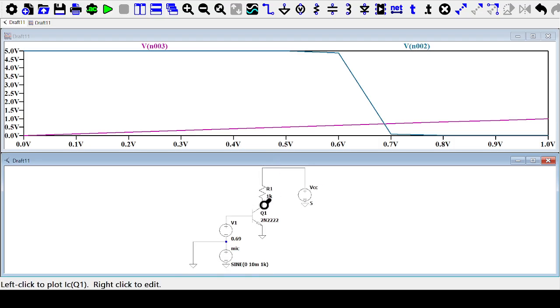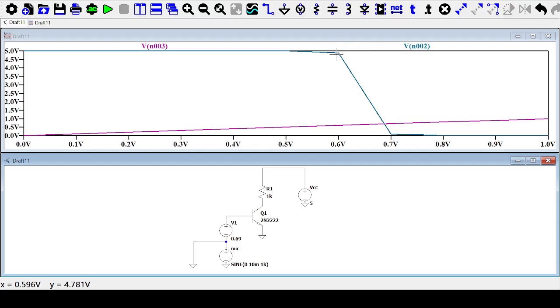So the voltage here will be the same as the voltage here, because there's no voltage drop. You can see the voltage on this point, node 2, is 5 volts, just as the VCC. If I increase the VCC to 10, it will be the same 10 volts across.